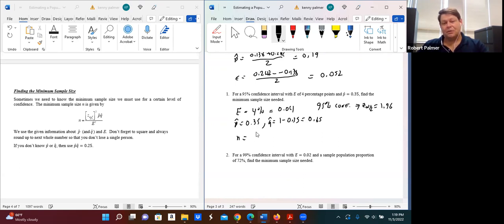So N then is going to be Z of alpha over 2 squared. And so that's going to be 1.96 squared times P times Q, so 0.35 times 0.65. This is all divided by E squared, so 0.04 squared. Okay.